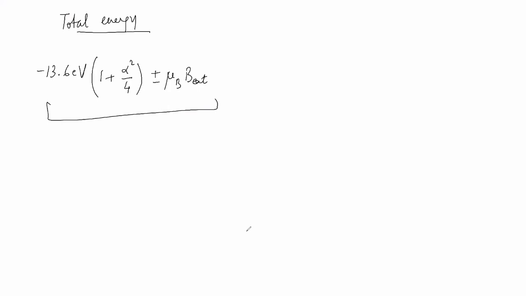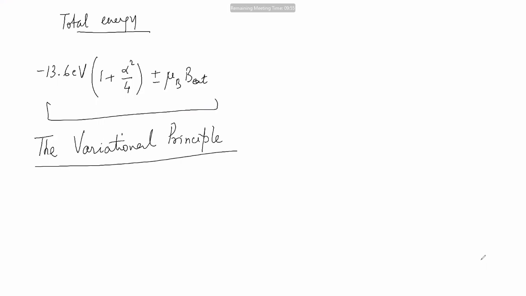Now let us come to another topic of today's lecture, and that is the variational principle. What I told you while introducing perturbation theory is that most problems in quantum mechanics, or in real life, cannot be solved exactly. A few of them we are able to solve, but most we are unable to.